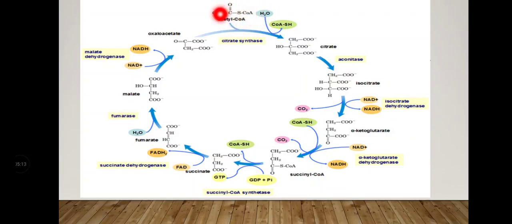From here, there's a reaction between oxaloacetate and acetyl-CoA in the presence of water, catalyzed by the enzyme citrate synthase, to form citrate. In the process, coenzyme A is regenerated, then you form citrate.